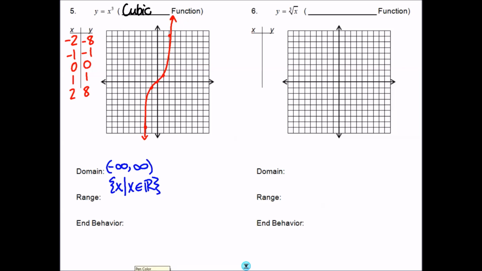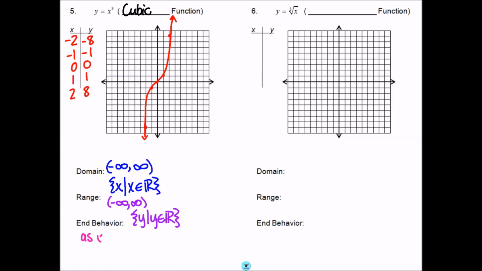The range on this side, the lowest that the graph goes will be down to negative infinity. The highest that the graph goes will be infinity. So the range is y, such that y is an element of the real numbers, or all real numbers.